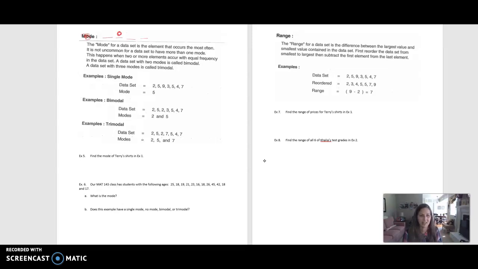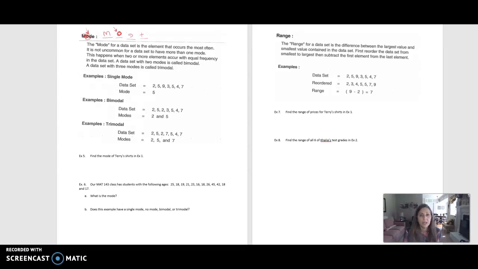It has an O in the second position. Well, another 4-letter word with an O in the second position is most. So mode means most. The O right here in the second position corresponds to the O right here in the second position of most. So mode means most. What number did you see the most in the set of data?